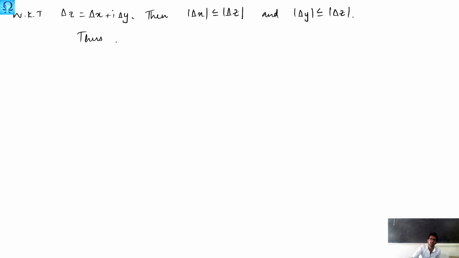Thus, absolute of delta x upon delta z is smaller than or equals 1, and absolute of delta y upon delta z is also smaller than or equals 1.